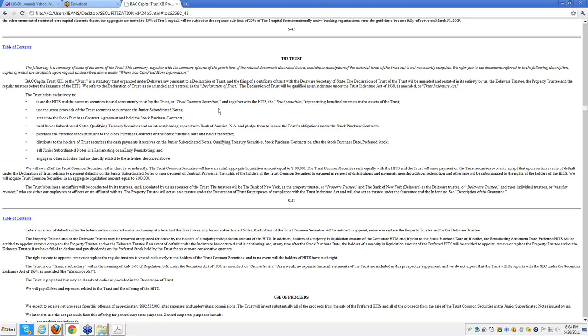Back here it is. The trustees will be the Bank of New York as the property trustee, the Delaware trustee, and three individual trustees who are regular trustees, which are either employees or officials or affiliated with us.